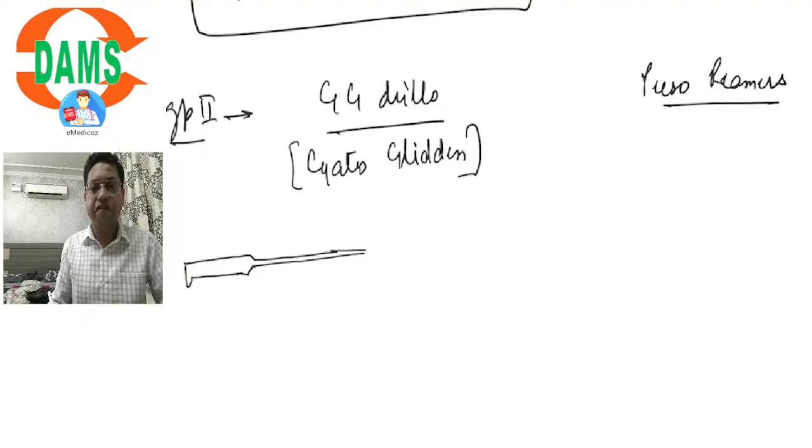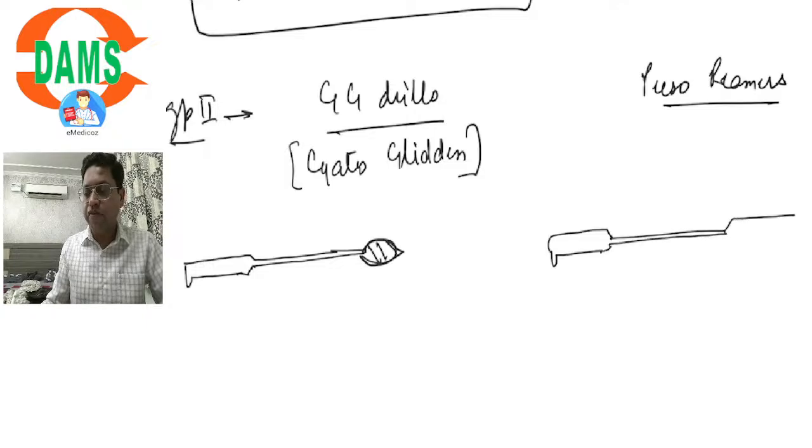If we look at the geometry of GG drills, they have a latch type contra-angle shank, a long and thin shaft, and a flame shaped head. On the other hand, piezo reamers have a latch type contra-angle shank, a thin long shaft, just like GG drills, but they have an elongated head.